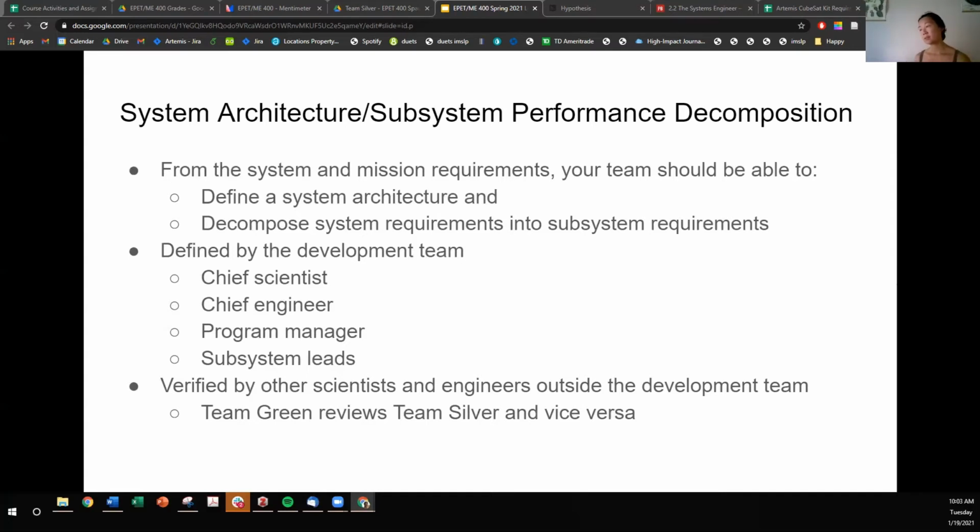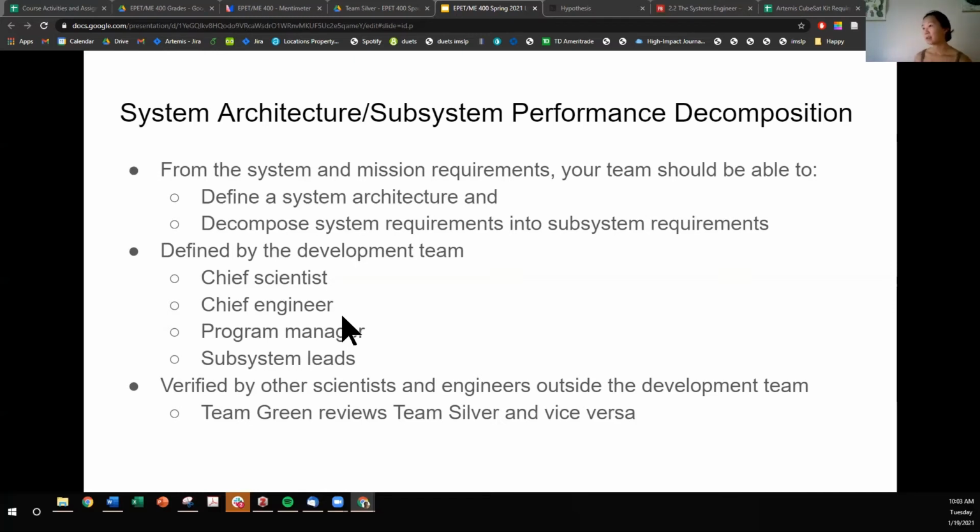These subsystem leads are responsible for making sure that their subsystem is represented, that they are getting enough money for their components, that they are meeting the subsystem requirements that are agreed upon in this phase. They are the technical experts that represent their team that works for them, but also they're conveying the technical expertise on to the chief engineer or the larger systems engineer.